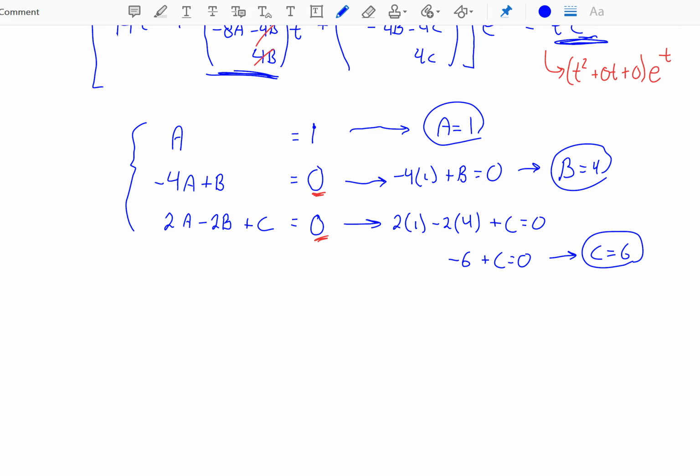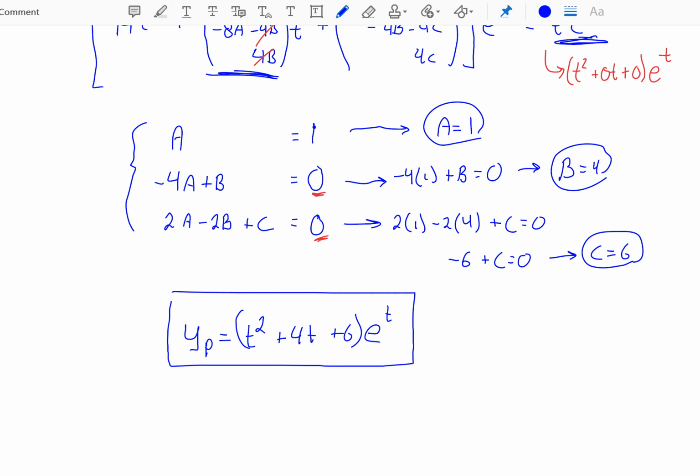Which tells us that our particular solution to the non-homogeneous equation, yp, had to be t squared plus 4t plus 6 times e to the t. This was our particular solution to the non-homogeneous equation. And if this is our particular solution, now we can write our general solution.